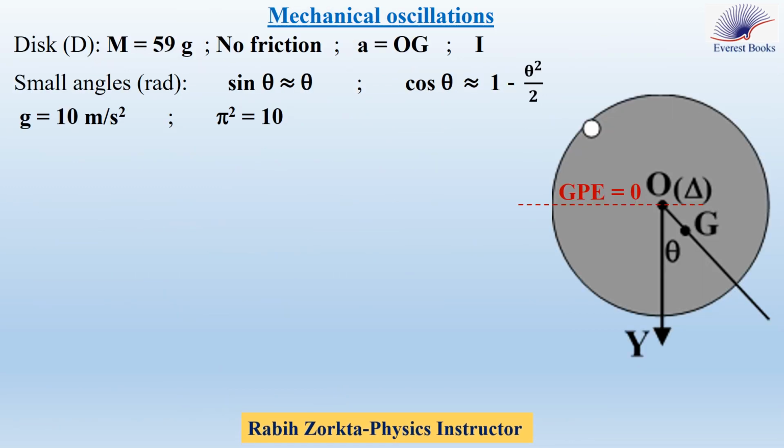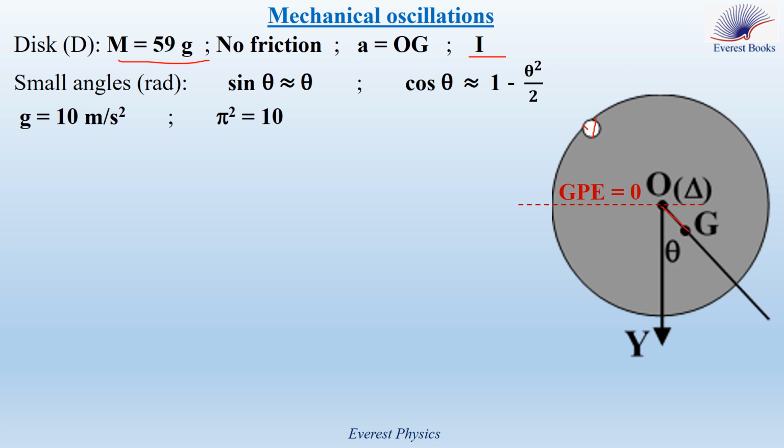Consider a pierced disk of mass 59 grams that may rotate without friction about a horizontal axis delta perpendicular to its plane through O. O is the center of the uniform disk before being pierced. The moment of inertia of D about delta is I. The center of mass G of the pierced disk D is at a distance a from O, where a equals OG.